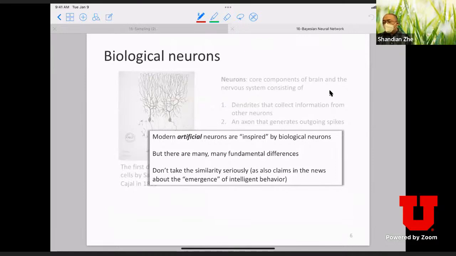Any serious neuroscientist won't admit artificial neural networks are a simulation of the true neural network, because artificial neural networks don't have many fundamental properties of the real neural system. It's interesting that several years ago I talked to some guy in Google research.